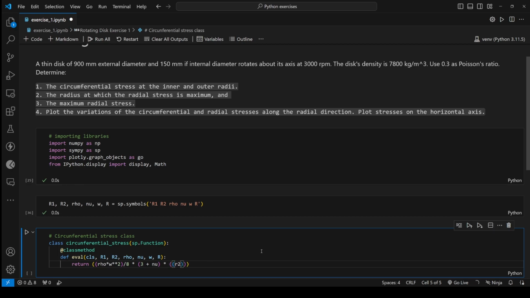So we have R2 squared plus R1 squared, that's the first term, minus the second term, which is R1 squared times R2 squared, and then this is divided by R squared.